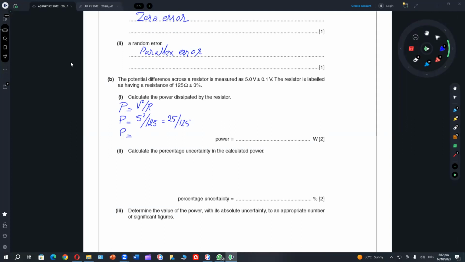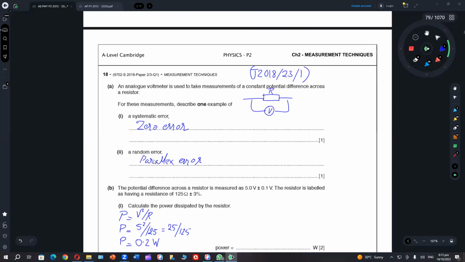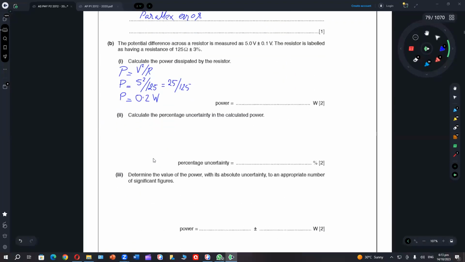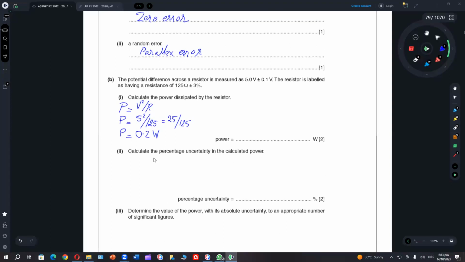Now solve this. Calculate the power dissipated by the resistor. I have used V square upon R, and then he says percentage uncertainty.